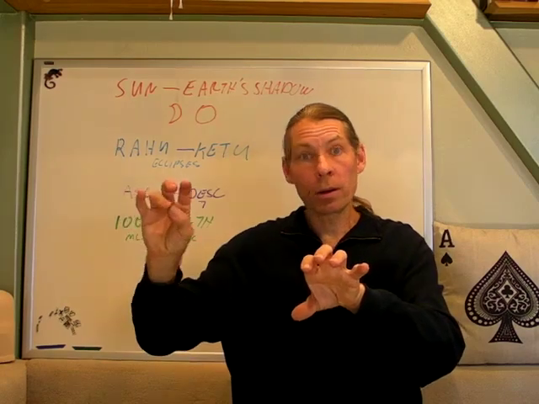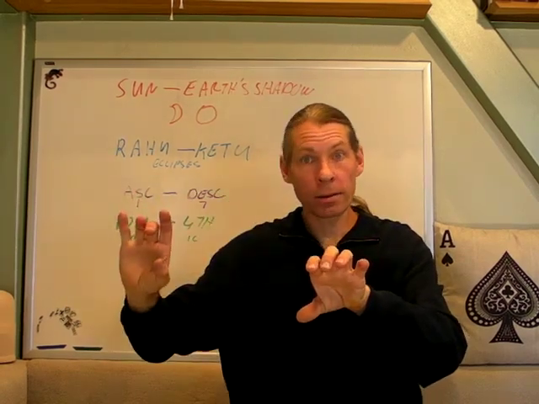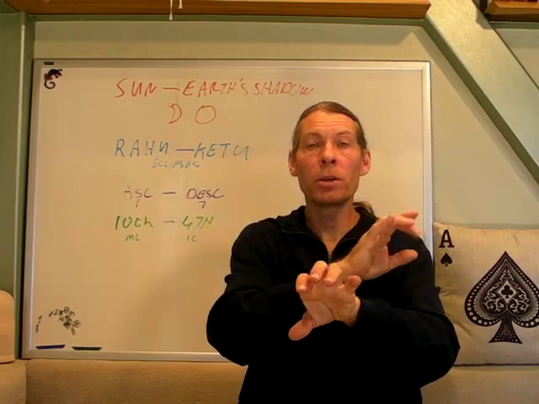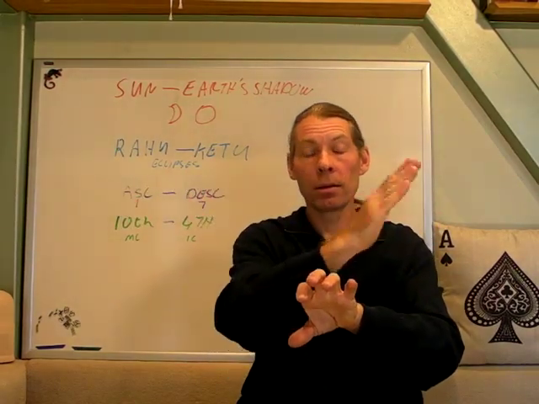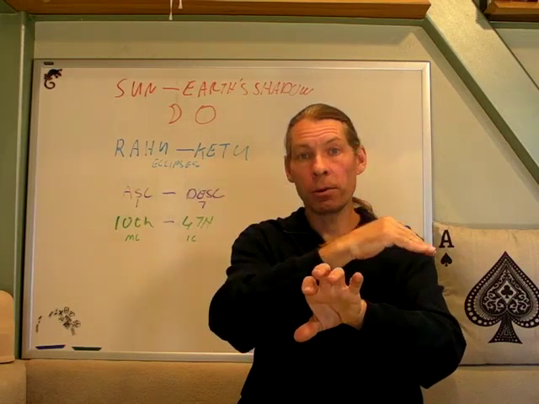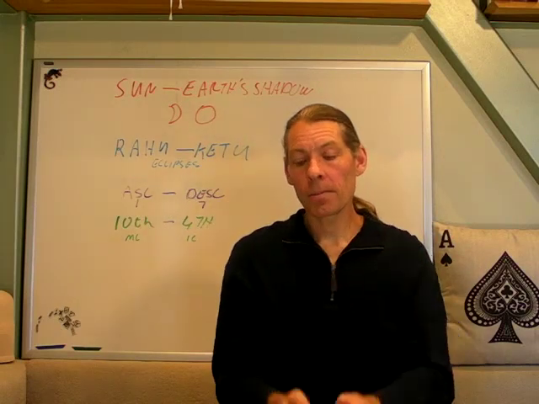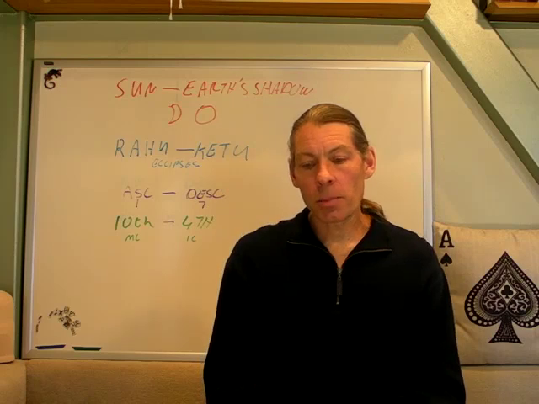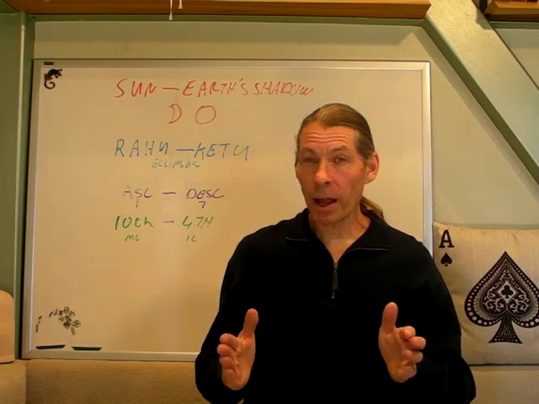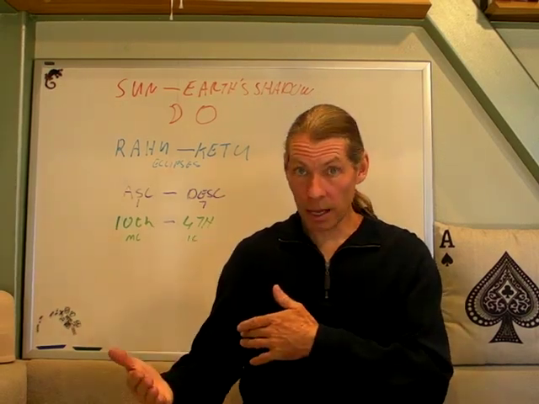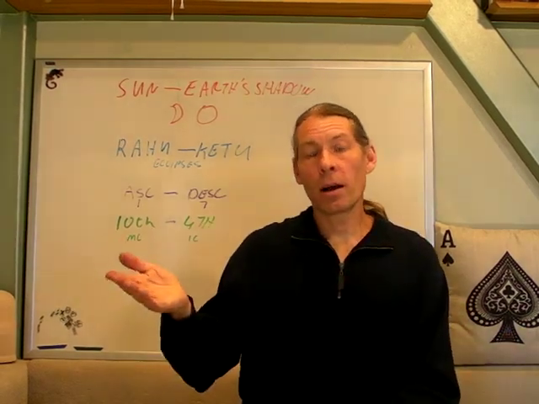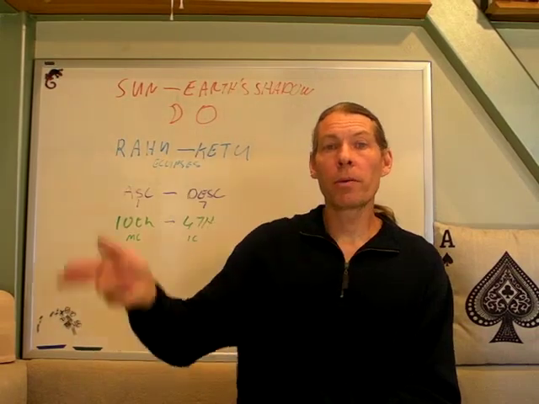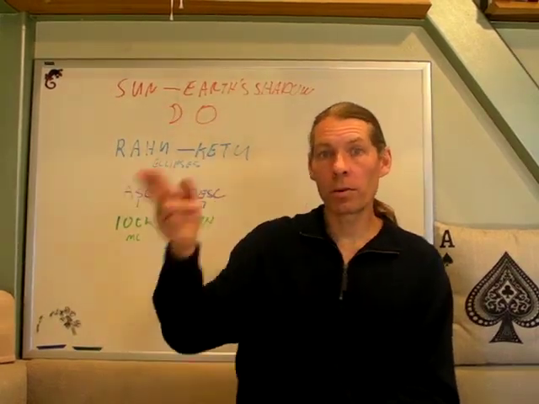At new moon, Earth shadow's no light. At full moon, Earth shadow's full of light. And in between, the Earth shadow gets a different amount of light. Okay? So the relationship between the development of the sun and the Earth's shadow is dependent largely upon the travel of the moon, from new moon to full moon to new moon to full moon.